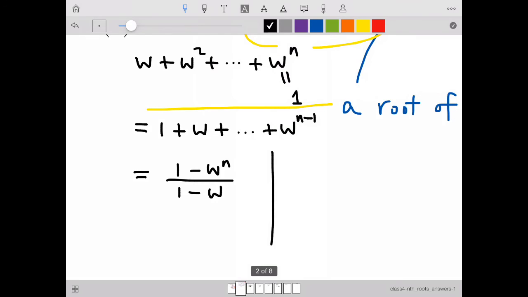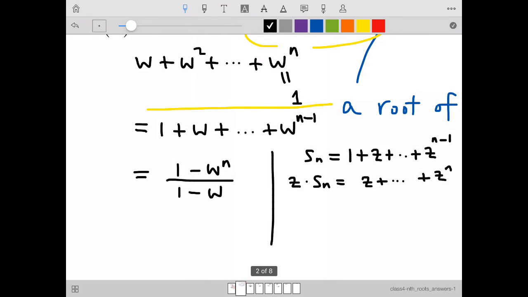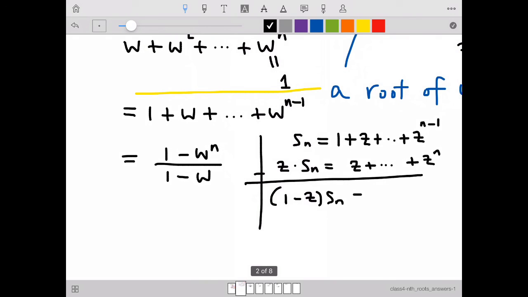This holds for complex numbers, because if I set the partial sum S_n as 1 plus z plus dot dot dot z to the n minus 1, then z times S_n is z plus dot dot dot plus z to the n. So if we do 1 minus z times S_n, subtracting the second from the first, we get 1 minus z to the n.